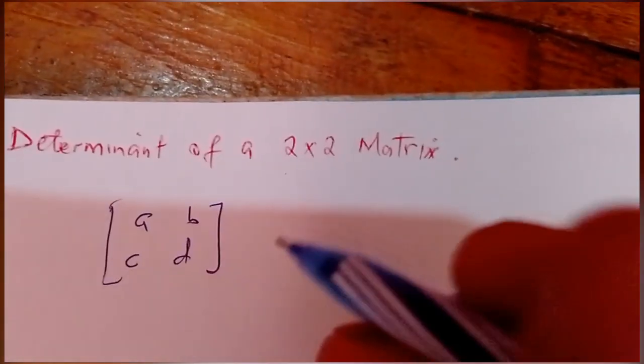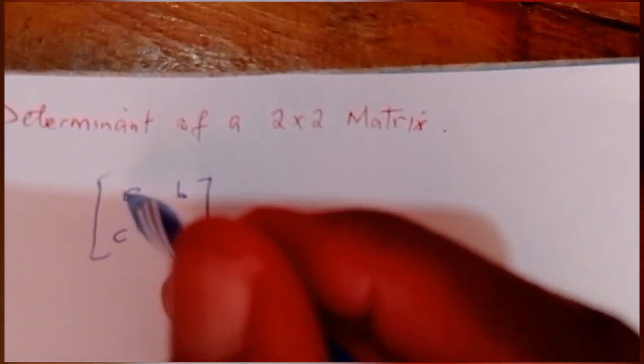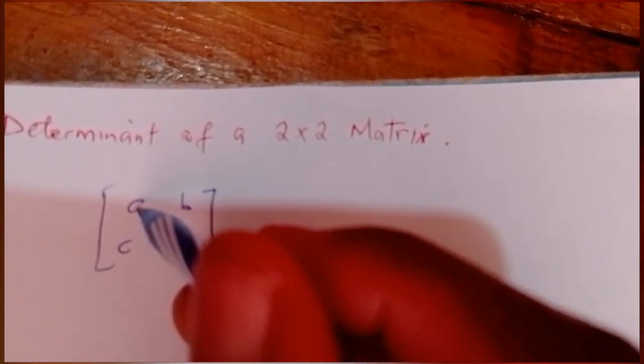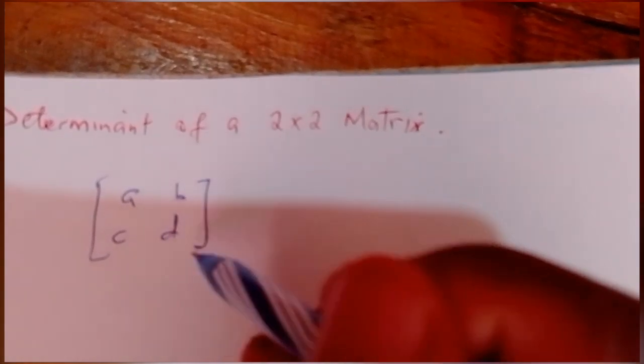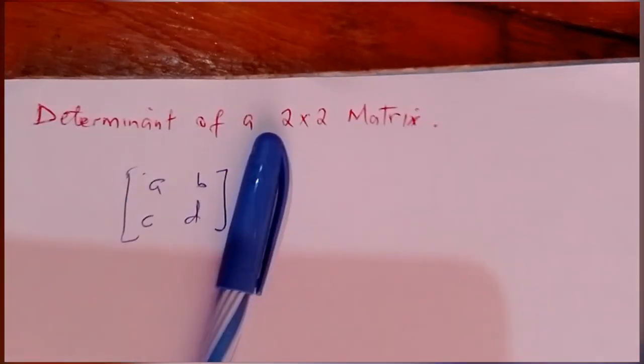So given a matrix like A, B, C, and D, this is the diagonal from the top left to the bottom right, and it is called the leading diagonal.